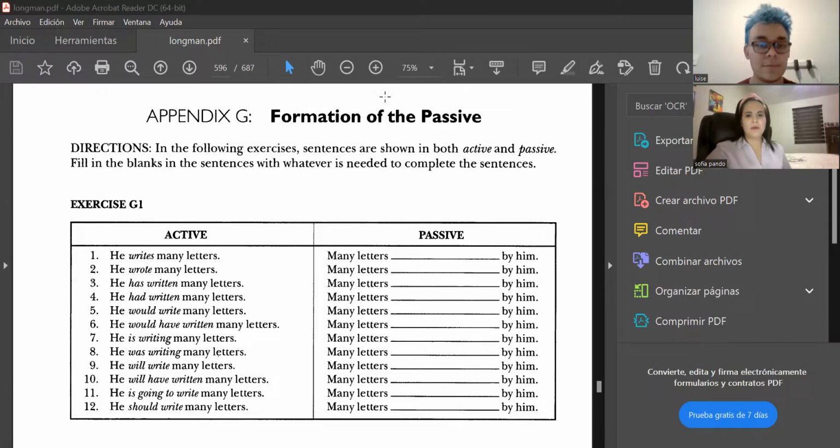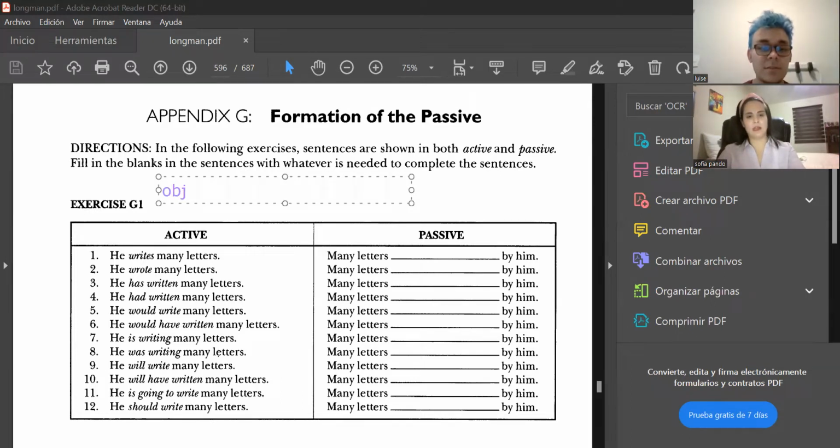For today's class, we're gonna work on the passive voice. And for this one, we're gonna use a very simple formula, okay? The formula for passive voice is basically the object of the sentence.